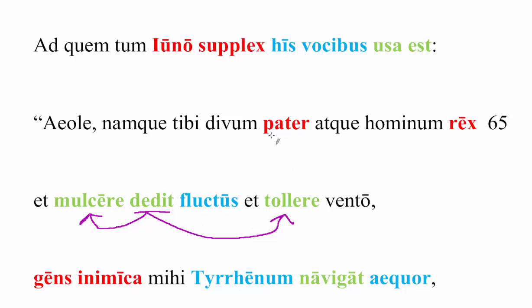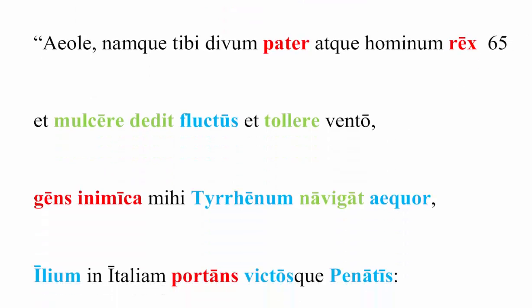So the father of gods and king of men, Jupiter, has given to you, Aeolus, the power both to calm and to raise the waves, fluctus. We see this is a fourth declension accusative plural. The waves by means of, ablative of means, the wind, using the wind. All right, this is the power that Jupiter has given to Aeolus.